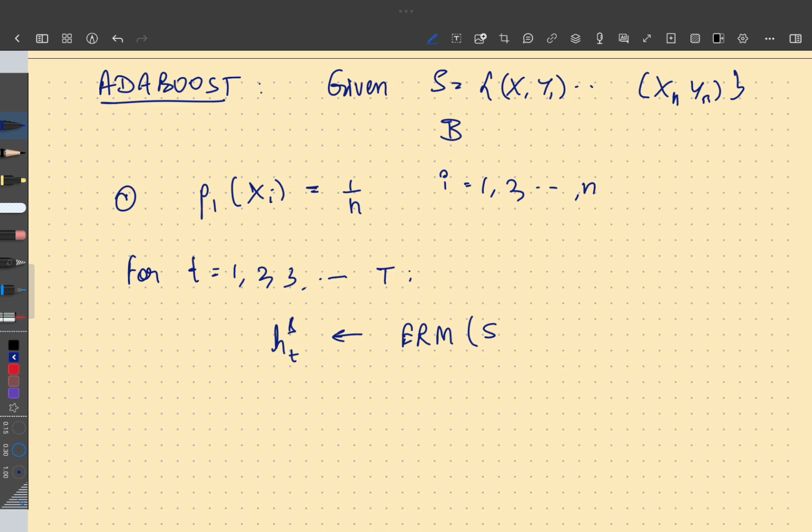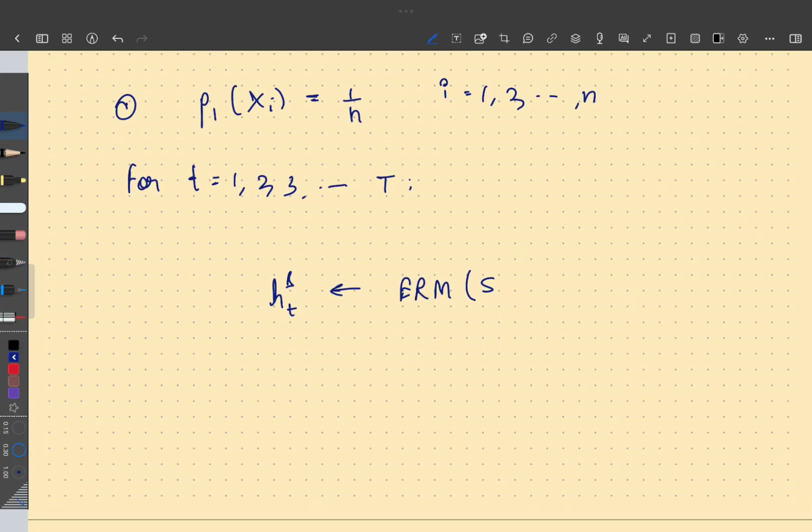First you sample S_t according to the distribution P_t, and h_t is the ERM over the dataset S_t.